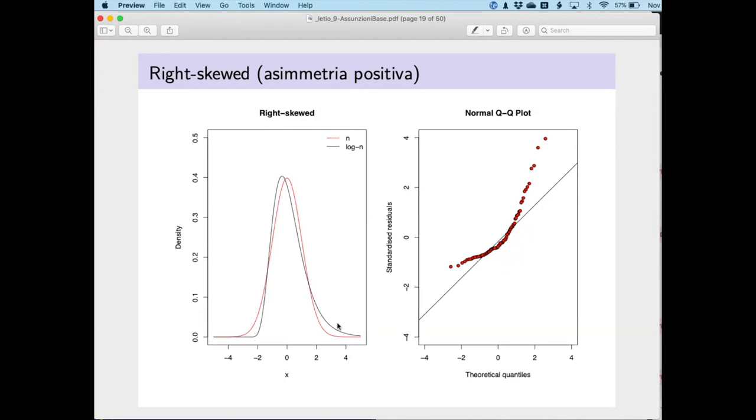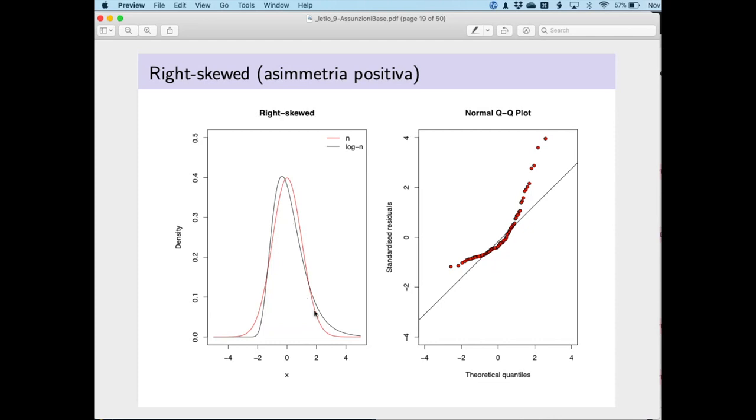And we see that the QQ plot is like this. It doesn't stay along the diagonal, because here you see that this is the mean. The mean is perhaps here. So the median is lower than the mean because the distribution is asymmetric.